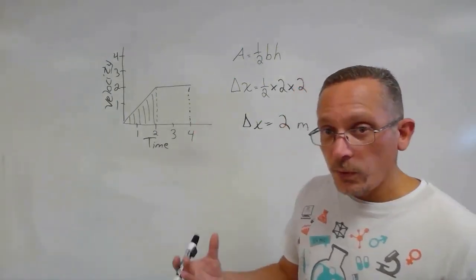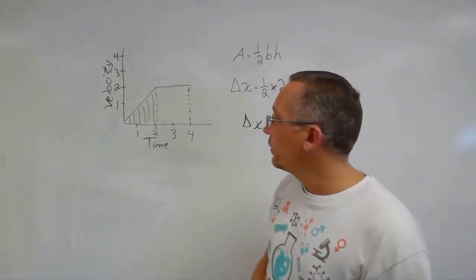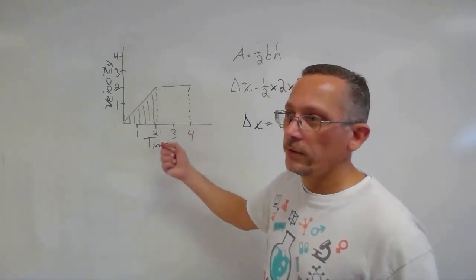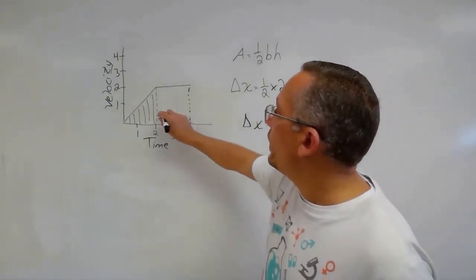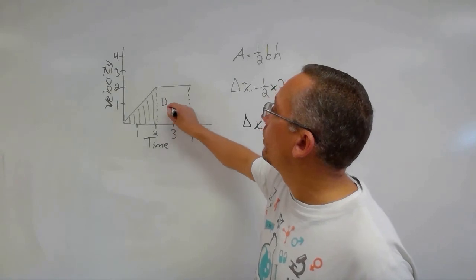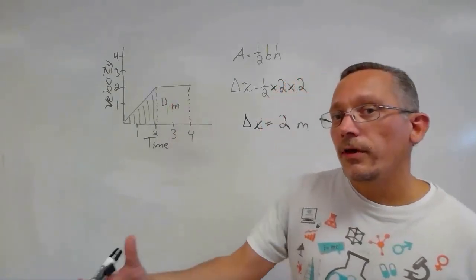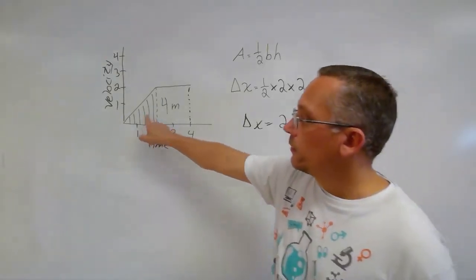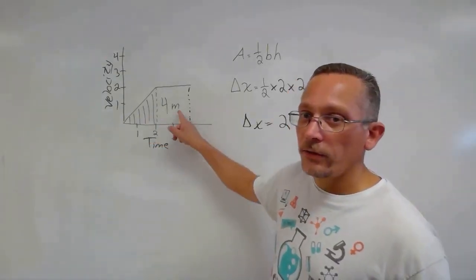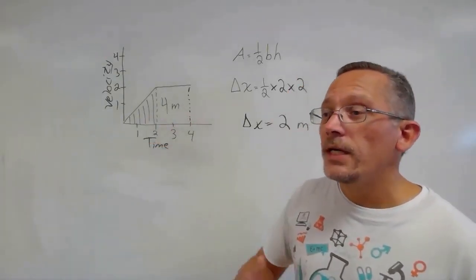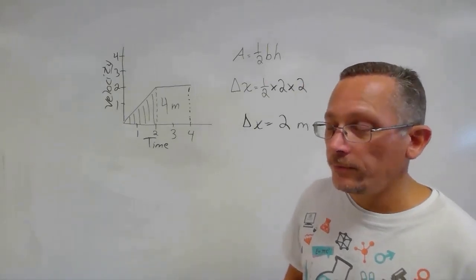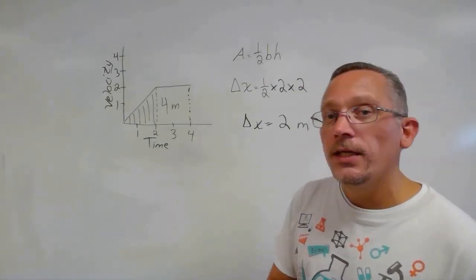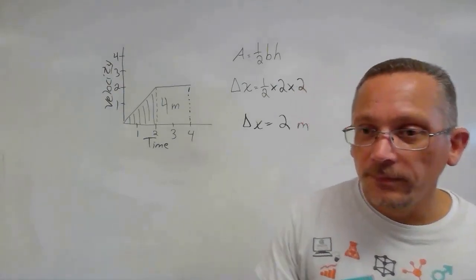So the area of a square is just the side squared. The side is 2, so 2 squared is 4. So the area of the square is 4 meters. So how far did it go after 4 seconds? Well, it went 2 meters here, and then it went another 4 meters, so it will be 6 meters from where it started. So there, delta x would be 6 meters.